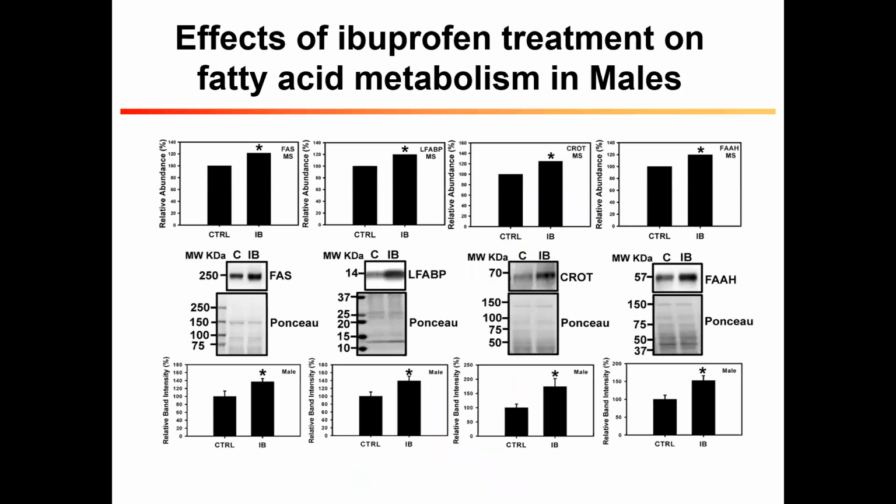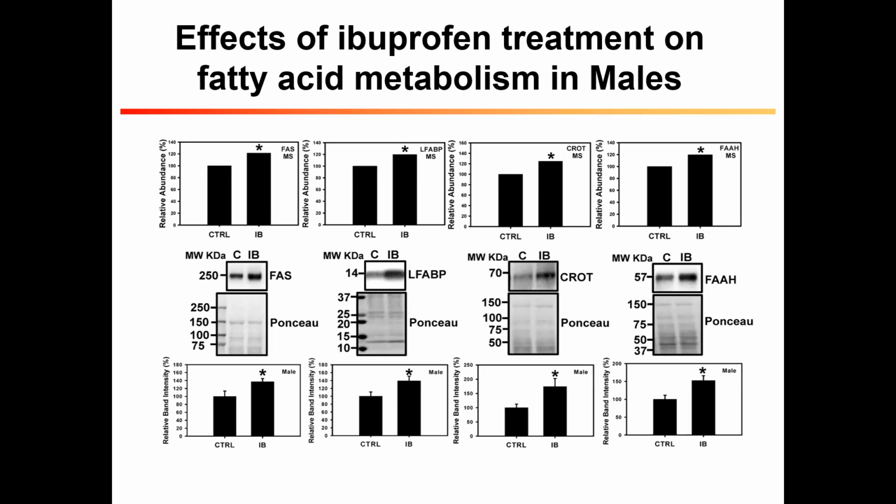When we measure these, for example, FAS is fatty acid synthase, LFABP is liver fatty acid binding protein, so this is in liver, and CROT is carnitine O-octanoyltransferase, which transfers fatty acyl groups between coenzyme A and carnitine. FAAH is fatty acid amide hydrolase.